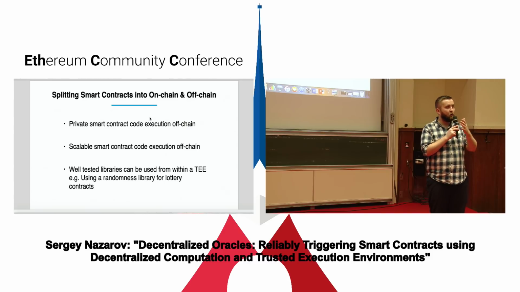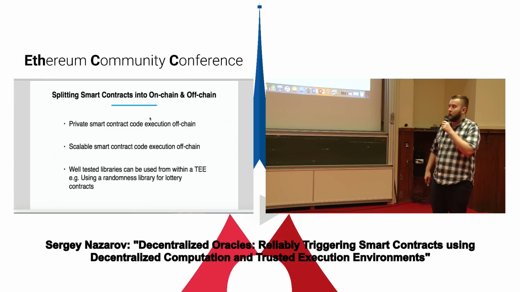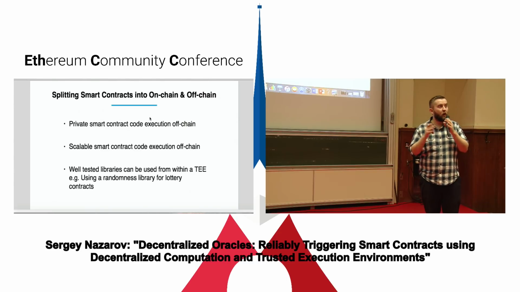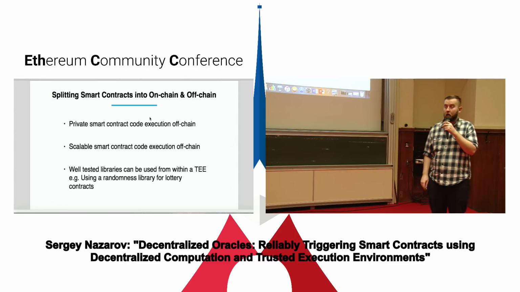You can put that code into a trusted execution environment, knowing that it's the highly audited, highly reliable code you're used to using in the traditional Web 2 world. And now you can run it as part of your contract in this environment. So you can make highly valuable, highly audited, reliable code part of your contract, and you know that it'll run correctly because it's running in this environment.